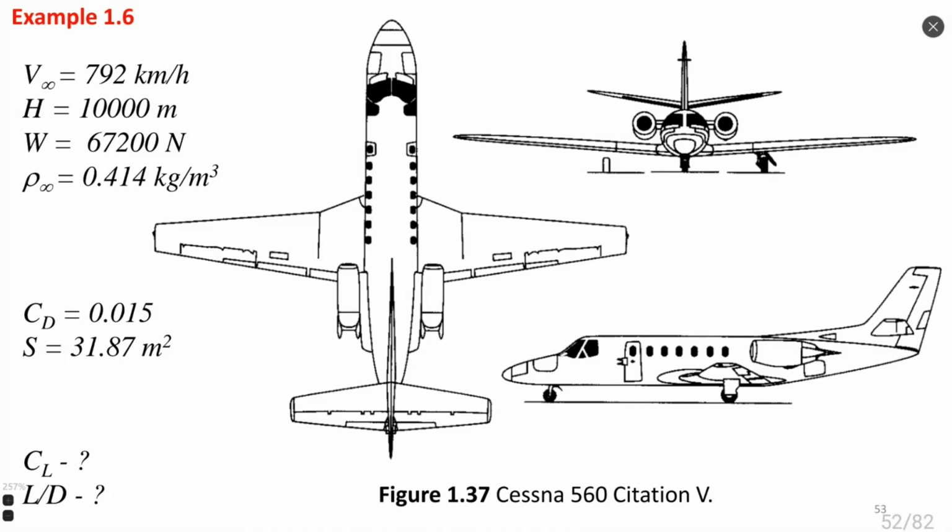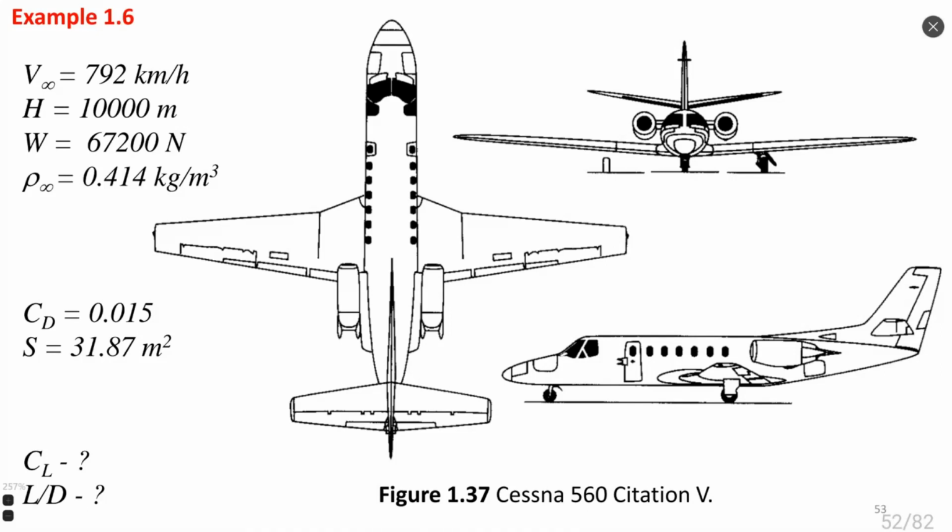So we have velocity of flight, altitude of flight, we have weight, we have density at this altitude, we have drag coefficient, and we have area. This is the planform area of the airplane, which is used to calculate aerodynamic coefficients.